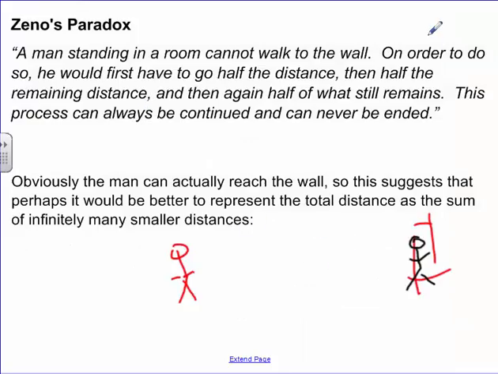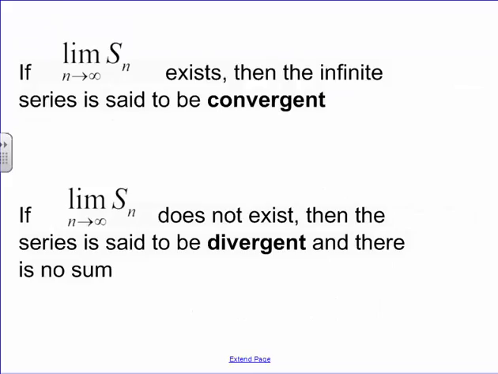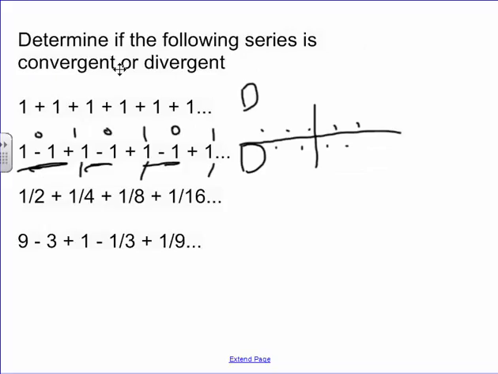Zeno's paradox is as you move the guy closer and closer, you move him 1/2 and 1/4 and a little fraction more at a time. And eventually, by the time he's done, he has made it the whole way there. In this particular example, it's equal to 1, which means this is converging. This is converging on the number 1.